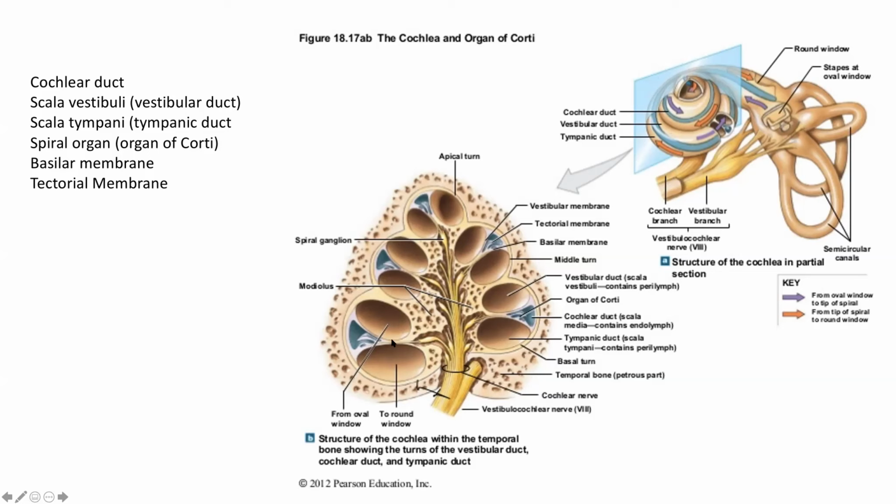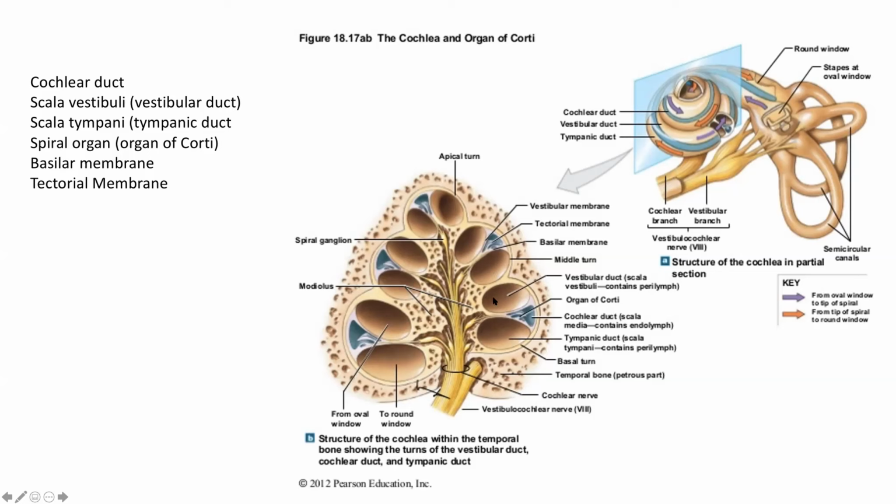The round window is here, so we go up and around. The one on top of the organ of Corti is the vestibular duct, vestibular duct here. And the tympanic duct is always on the inferior surface here. That's the tympanic duct here, tympanic duct here.